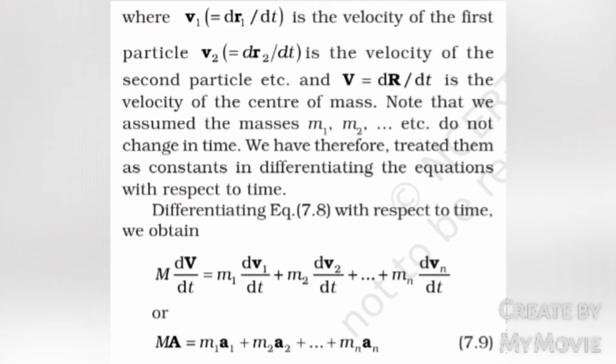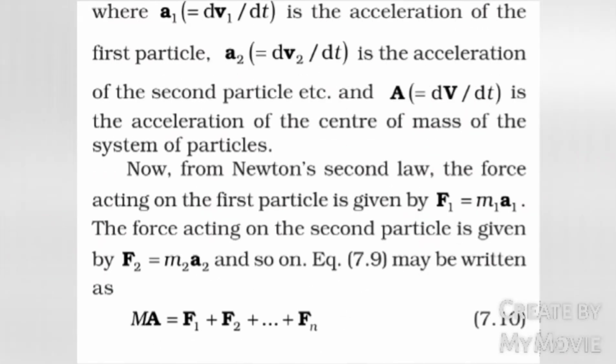Differentiating equation 7.8 with respect to time, we obtain m dV/dt = m1 dv1/dt + m2 dv2/dt + ... + mn dvn/dt, or mA = m1a1 + m2a2 + ... + mnan, where a1 = dv1/dt is the acceleration of the first particle, a2 = dv2/dt is the acceleration of the second particle, etc., and A = dV/dt is the acceleration of the center of mass of the system of particles.